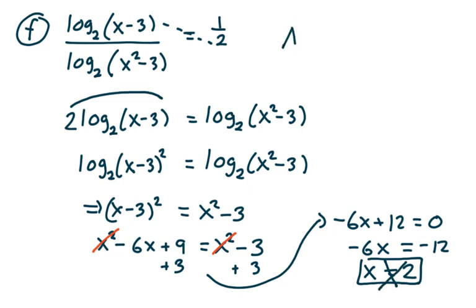And so the correct answer here should be no solution. Do we understand why? If I replace x with 2, I'm taking log of a negative number. And log of a negative number doesn't make any sense to me. That's the idea. And that's how we do F.